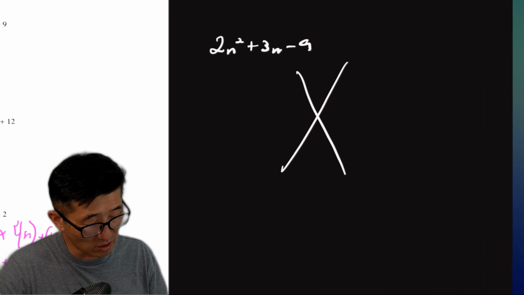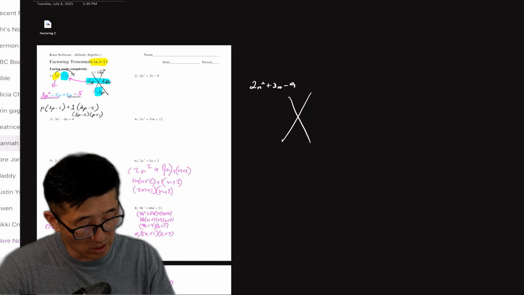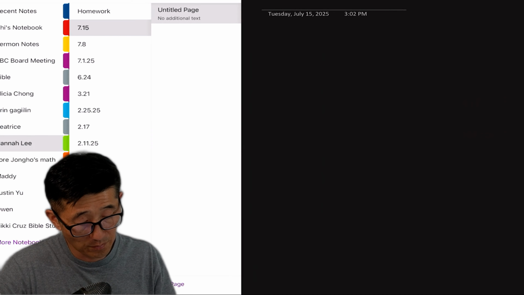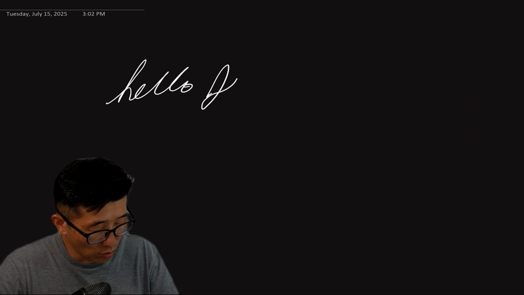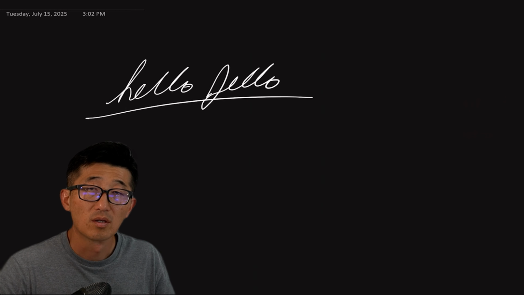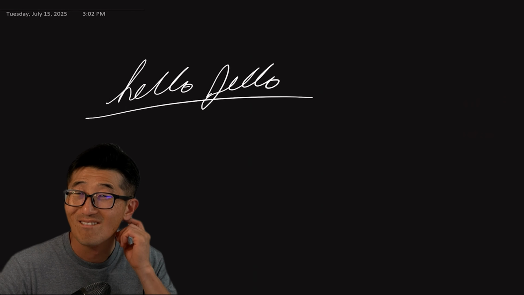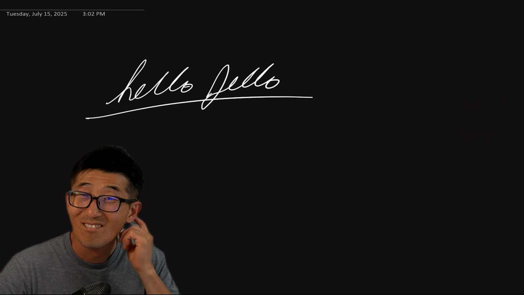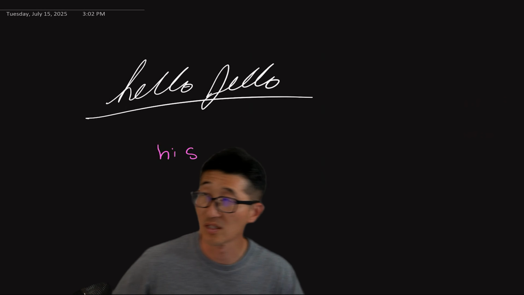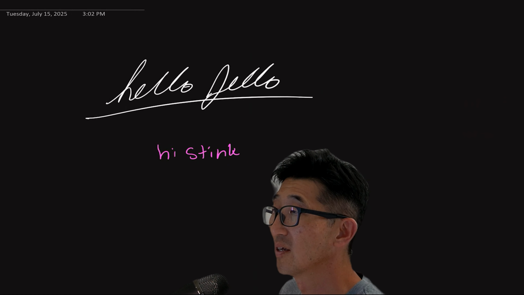Let's see how fast OneNote's syncing today. Go to today's date, 7:15. Okay, write something on here. Hello, Jello. I can see that. Okay, it's pretty fast. Let's just use this right now.